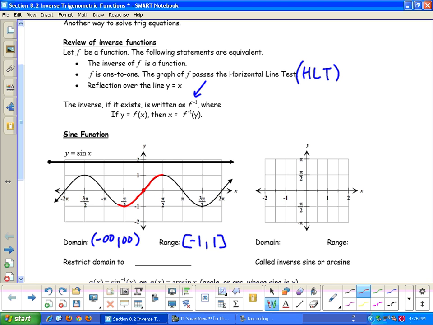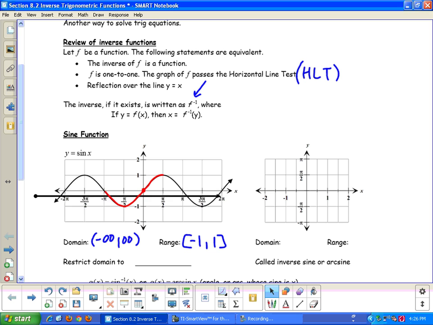If I try to keep on going, my graph around that side would not pass the horizontal line test. So the only time it would pass the horizontal line test is if my values are between negative pi over 2 and pi over 2.